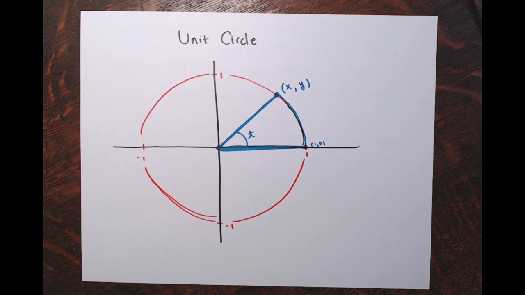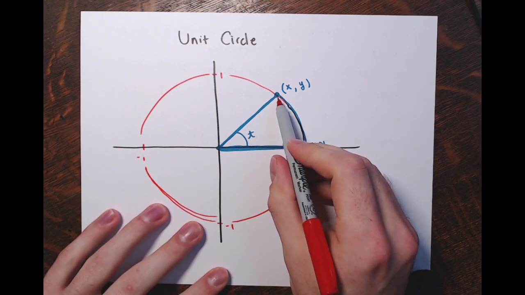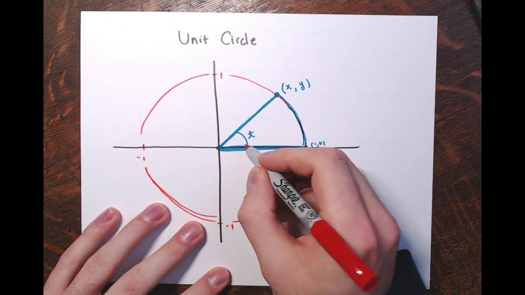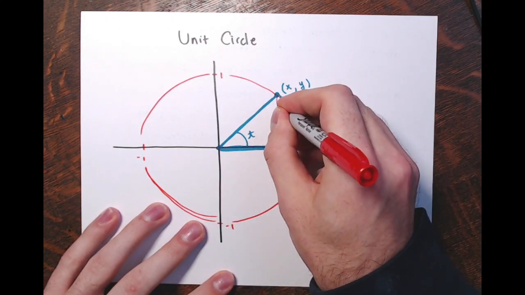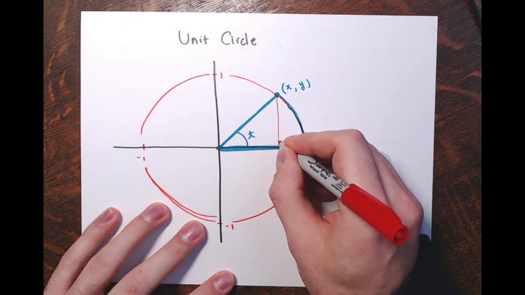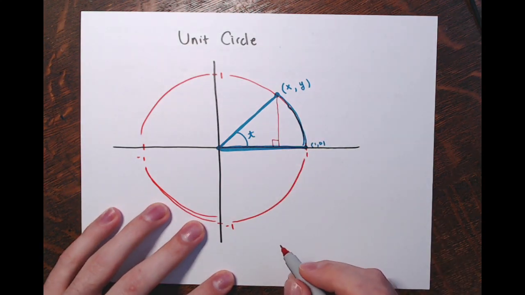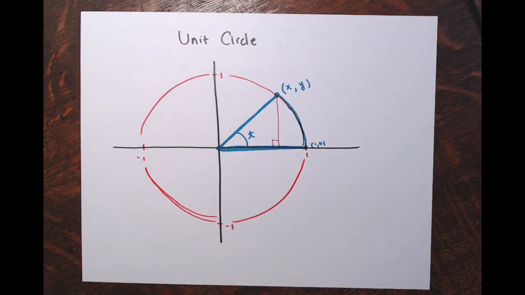And you've seen me draw this picture in a previous video, where if I take this point on the unit circle, I can create a little right triangle with my angle as one of the acute angles. I just draw a perpendicular segment to the x-axis, and I create a little right triangle with these side lengths.